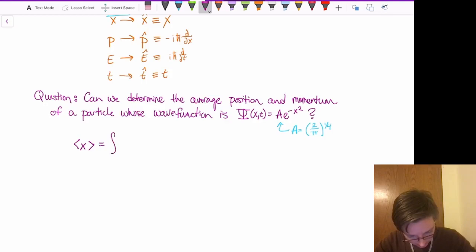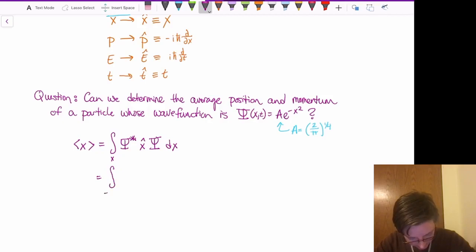So we've got our integral over all space, psi star x hat psi dx.